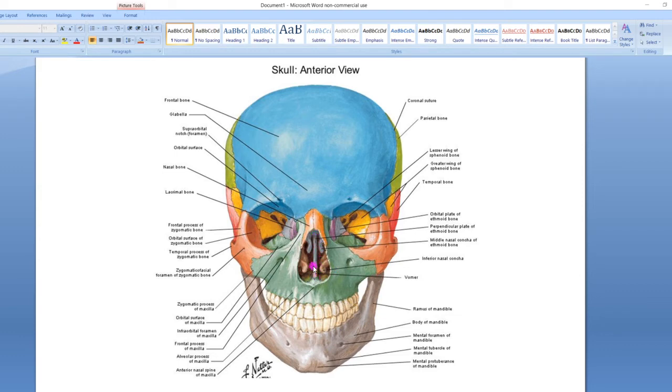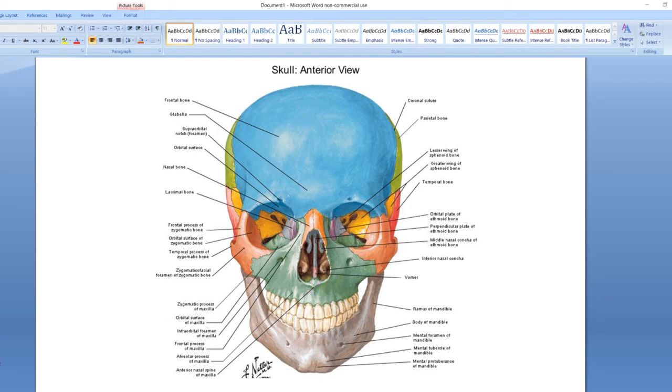Right now, just focus on this vomer, which is the bottom portion of your nasal septum. Now, the nasal septum is also one of those composite structures. Okay, so that takes care of our vomer.